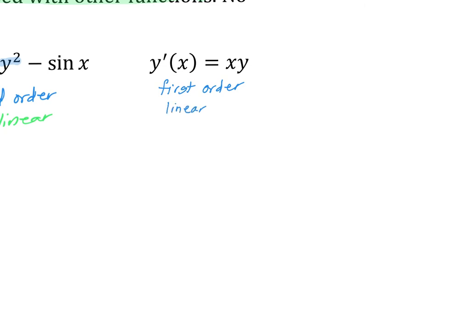It's linear because y is not composed with y or a derivative of y. Having y times x is okay. Well, if it were y times y prime, that would not be okay. That would be nonlinear. Or if it was y times y, that would be nonlinear. But x times y is okay. It's still linear.